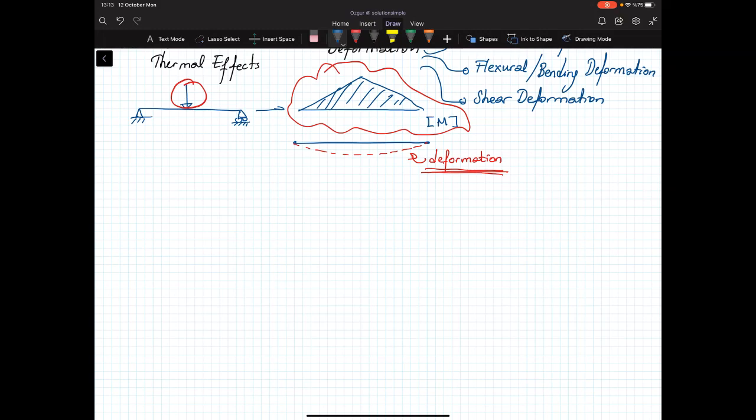And in most of our derivation, we take a complex structure. Again, this is our simply supported beam. And then from that element, we take a very small piece. We call it infinitesimal element.